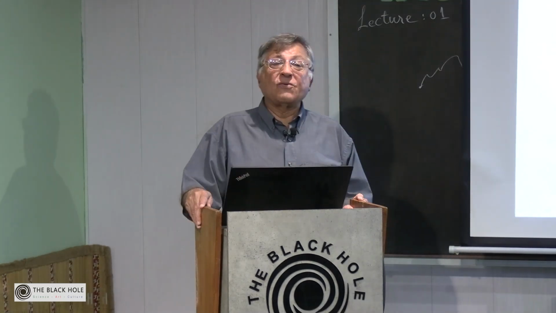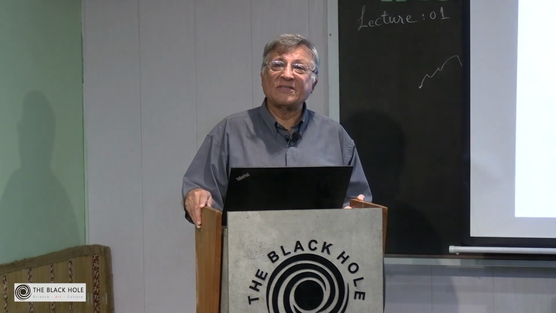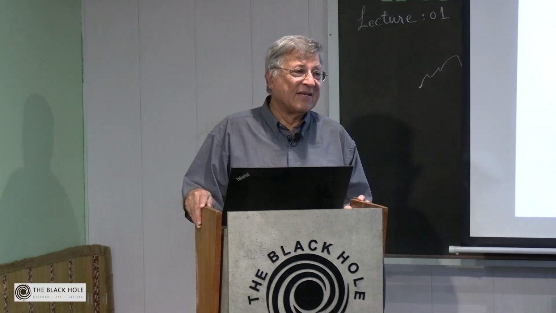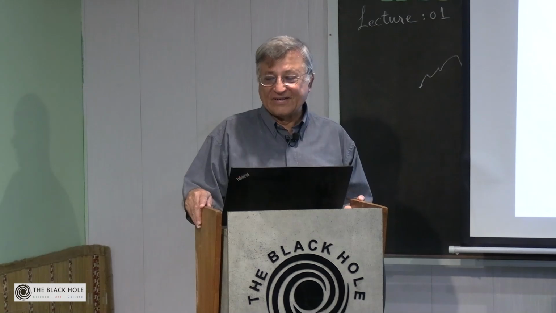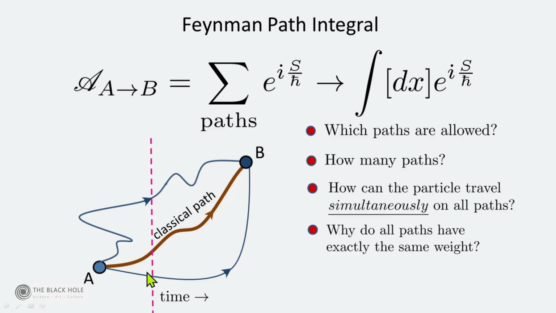Now, this is a question which is very interesting and for which I don't have an answer, which is, why do all paths have exactly the same weight? See, over here, e to the iS for every path. S is different for every path, but there's no number in front of it.